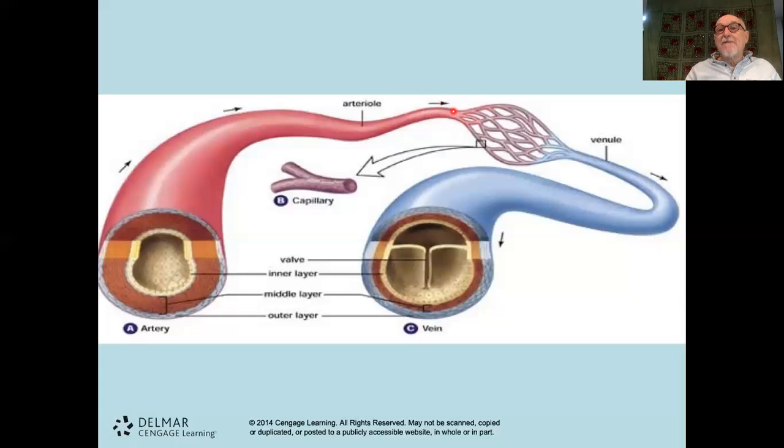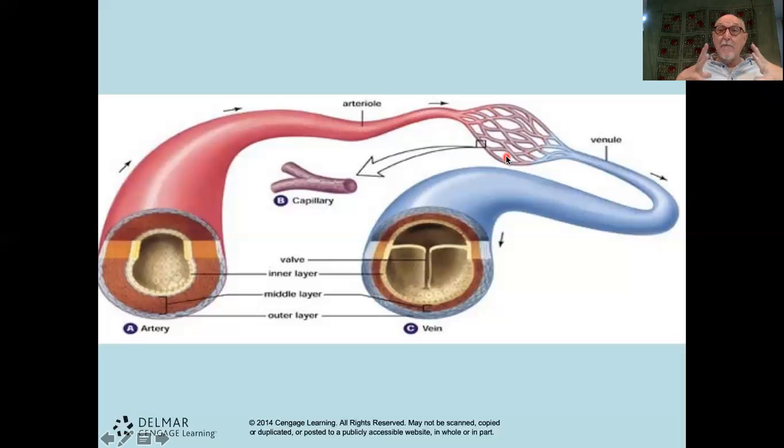Even through the very finest arterioles, there is a lot of pressure, despite the fact that they are so thin, so remote from the heart. The pressure of the heartbeat is maintained right down to these fine arterioles, but it becomes dissipated in these capillary beds.